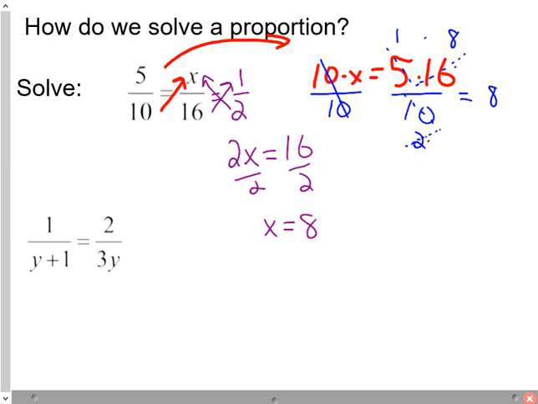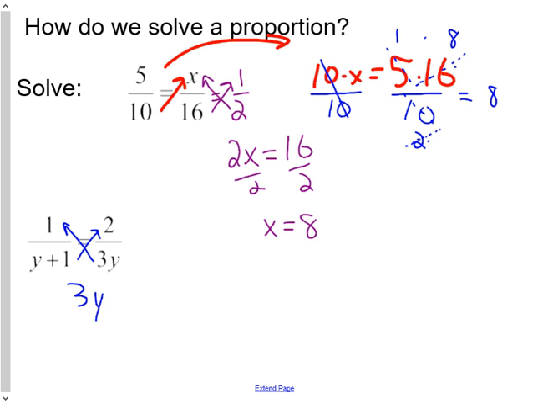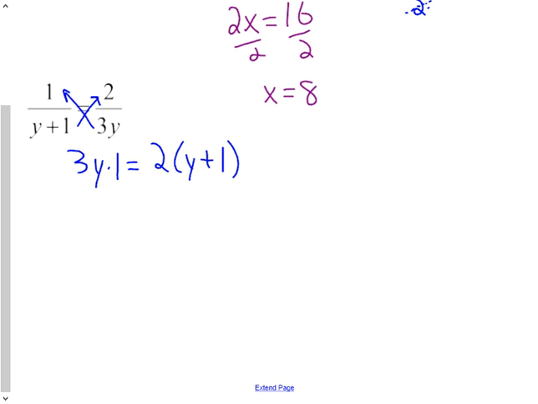Next, we've got 1 over y plus 1 equals 2 over 3y. So we need to cross multiply. Now a note. We get 3y times 1, so 3y, equals 2 times y plus 1. Notice there's a parenthesis, even though you don't write it. That's not 1 divided by y, then plus 1.